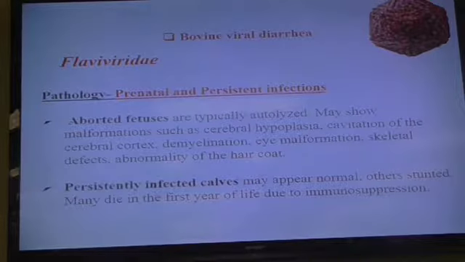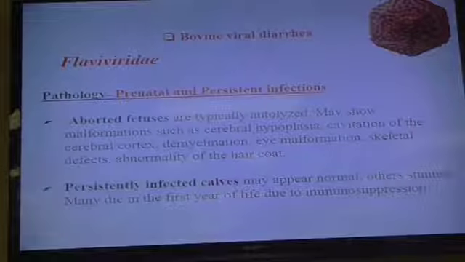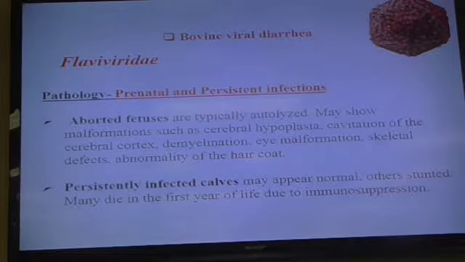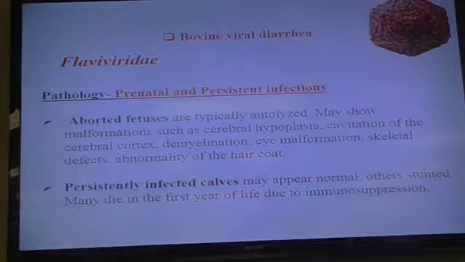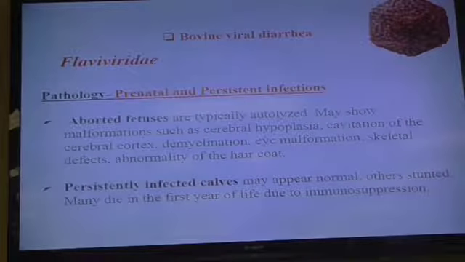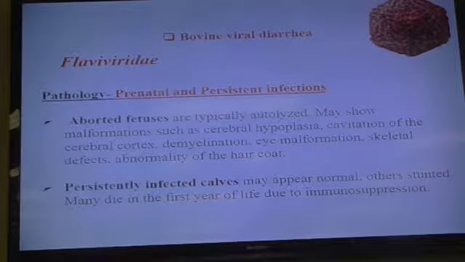So as you see, I'm not really reading all the clinical signs, and this is what will happen in the exam. In the exam, I'm not going to ask you about these clinical signs in detail. What the question is going to be is, I will state the clinical sign and ask, what do you think?